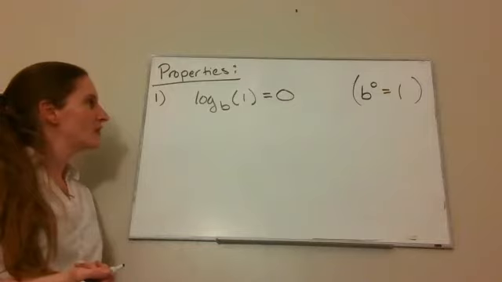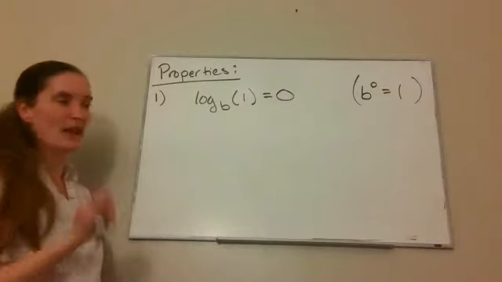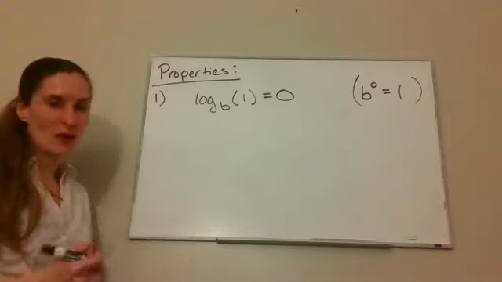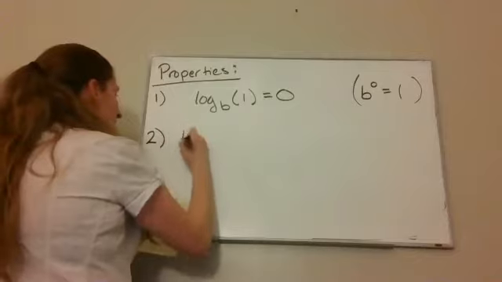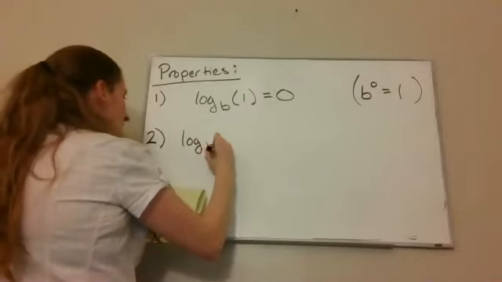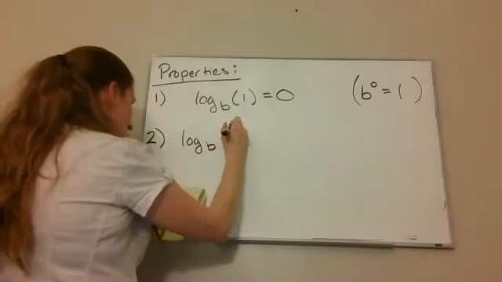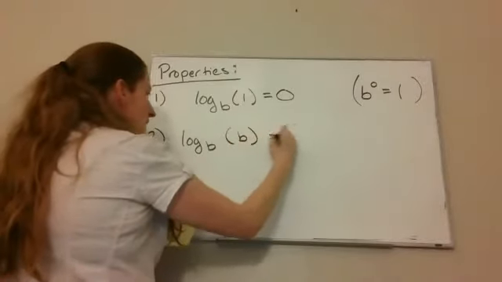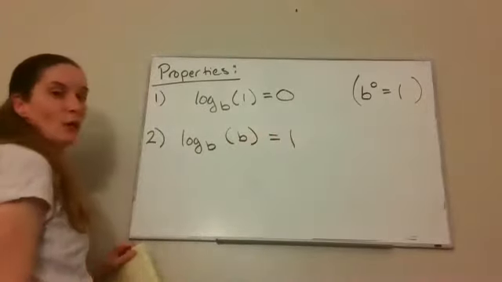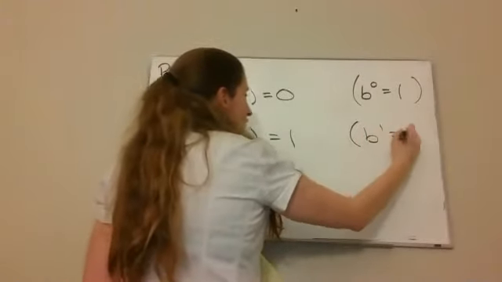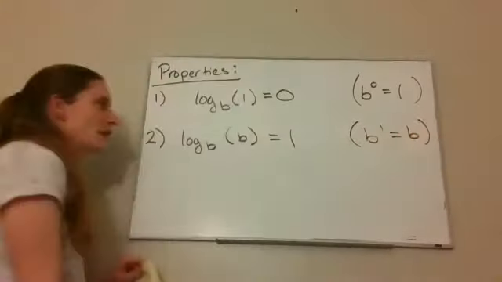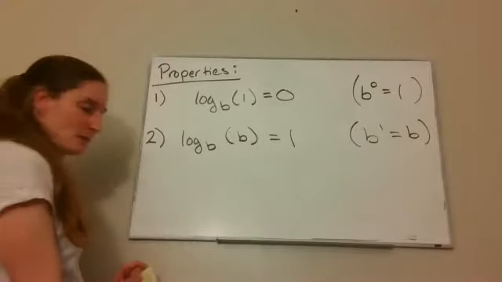So log base b of 1 equals 0 just means the same thing as b to the 0 equals 1. Log base b of b is equal to 1, no matter what the base is. This is, again, if you write it in exponential form, because b to the first power is equal to b.